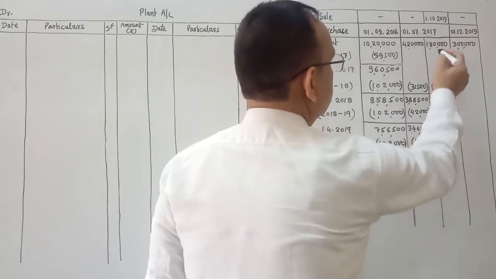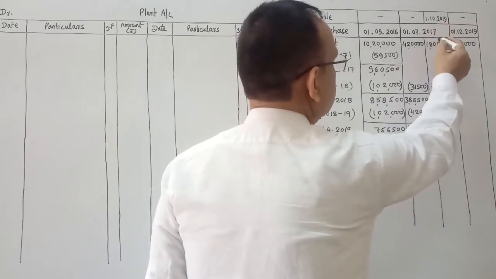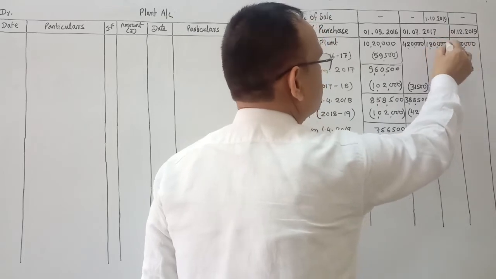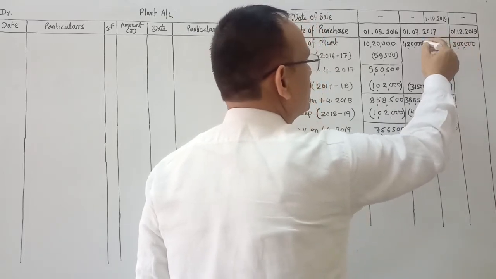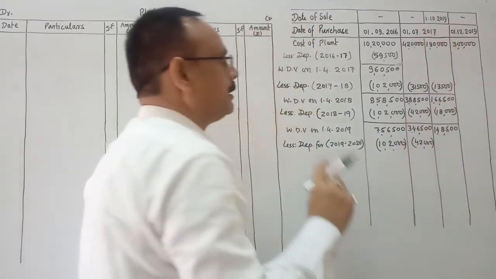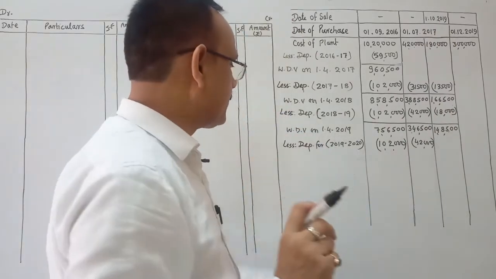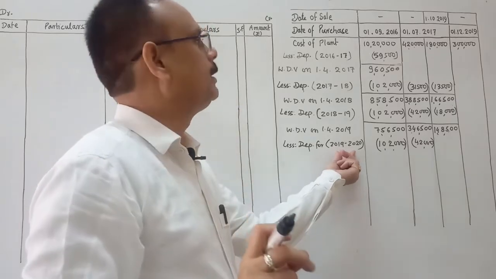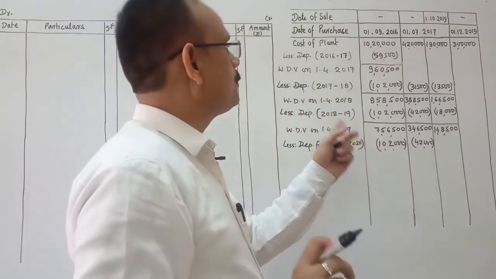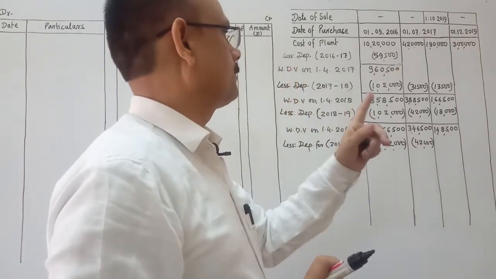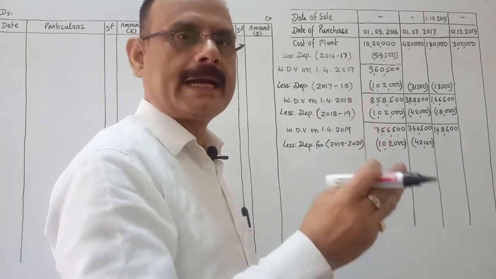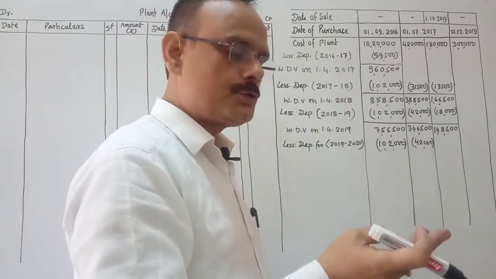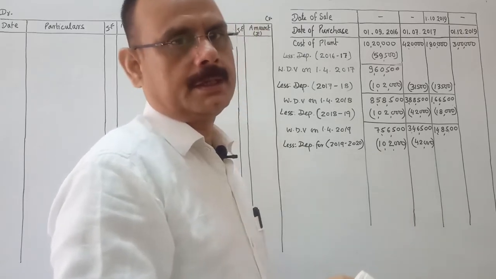Come to this one. This 1,80,000 part of the rupees 6 lakhs machine plant is sold on 1st October 2019, which comes under this financial year 19-20. So from April to October: April, May, June, July, August, September, 6 months.